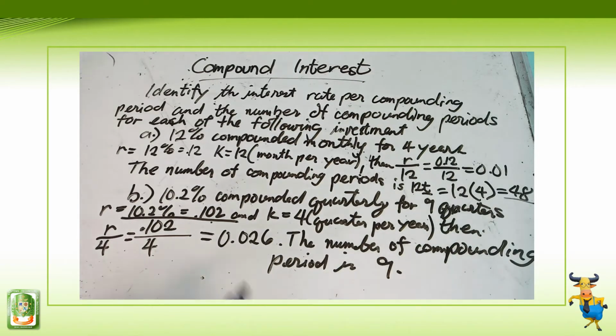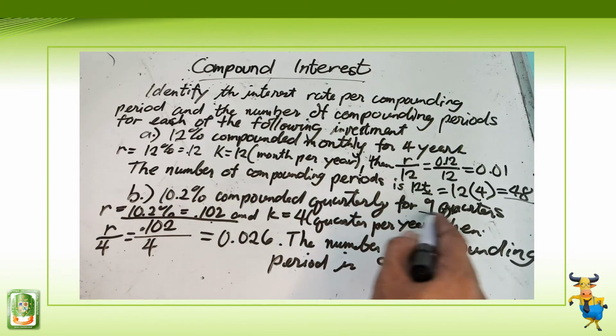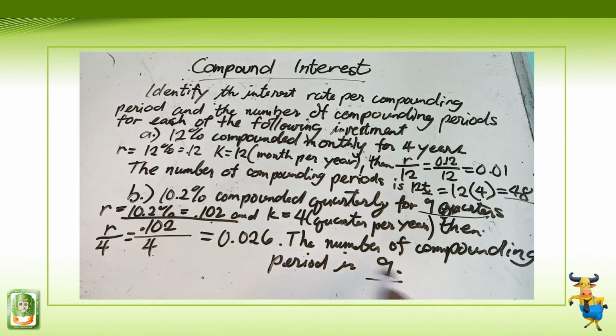Okay? So, yun po yun. 10.2% compounded quarterly for 9 quarters. So, ito na po yun, 9. Okay?